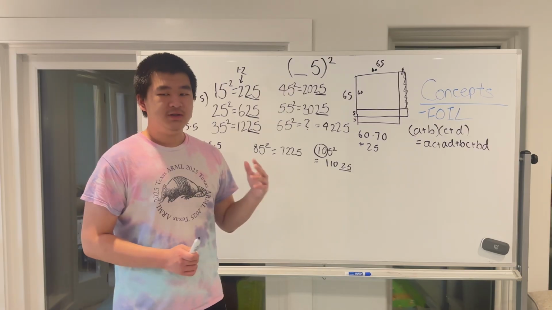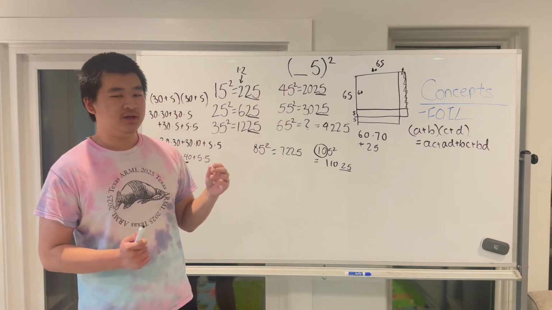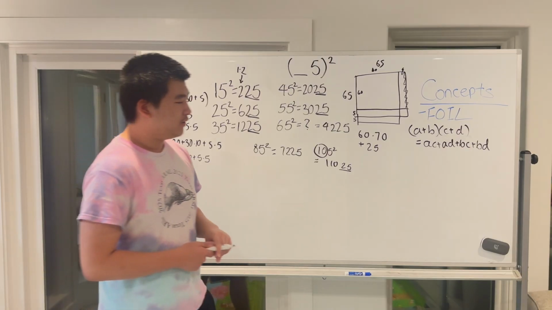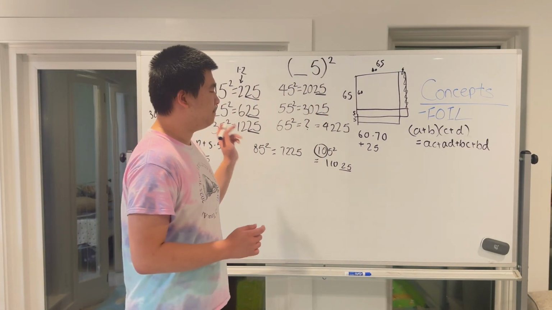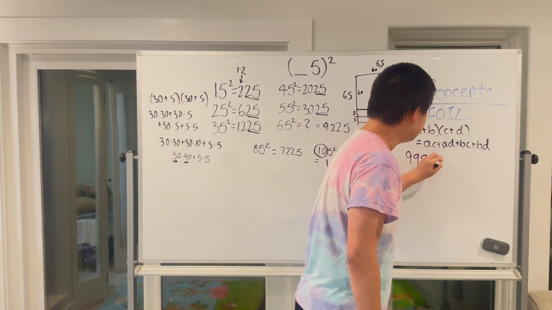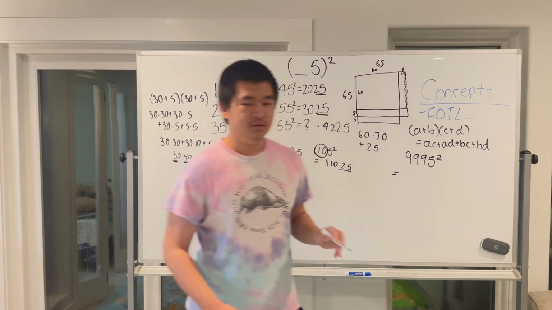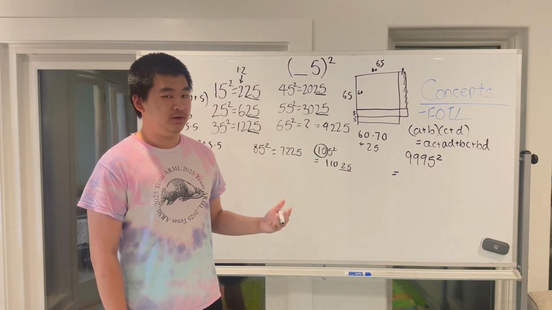Now, they might also give you some monstrously huge number for squaring. For example, they could give you some problem like 9,995 squared. And if you don't know this trick, this might seem like pretty much impossible to do in your head.